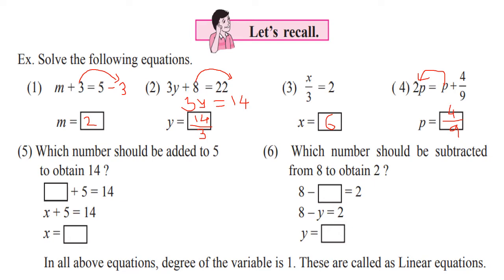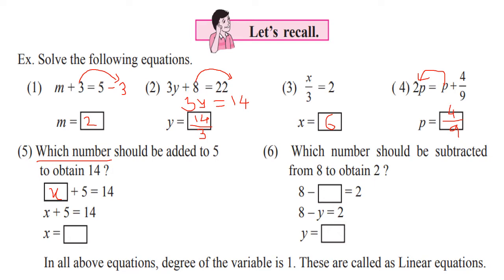Then you have seen how to use the unknown variable and how to solve word problems. See here, which number should be added to 5 to obtain 14. In place of this unknown number, we will take any alphabet. You will observe that here x is used, so we will also use x. That means x is added to 5 to obtain 14.